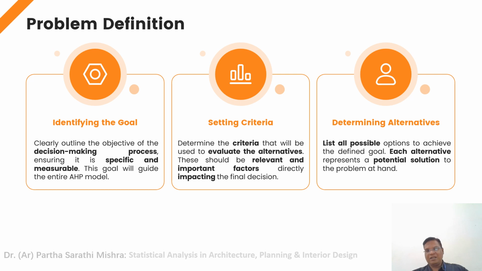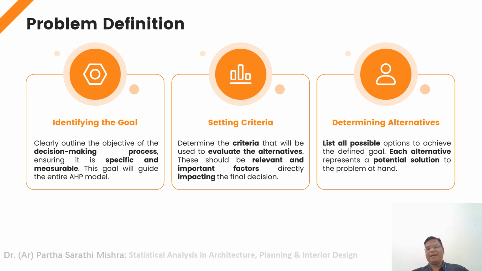Suppose we have 20 parameters and one of them is only contributing 1% in the decision making process, it will be easy for us to eliminate that parameter so that the calculation process, the cost, the time factor will be optimized. So selecting criteria is one of the most important things while doing this AHP process.